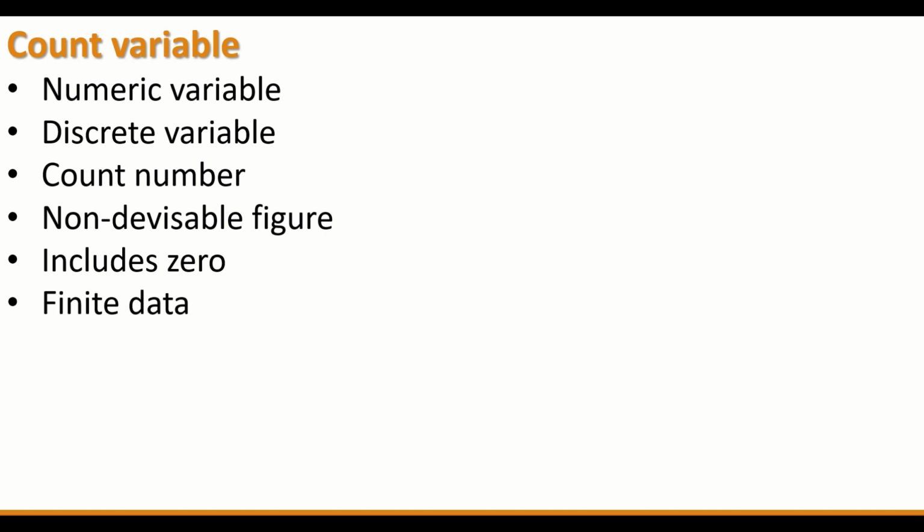The count variable can be finite, such as the number of people or the population of the world, the number of students in a school, the number of police officers in a certain country, and so on. So these count variables are finite.